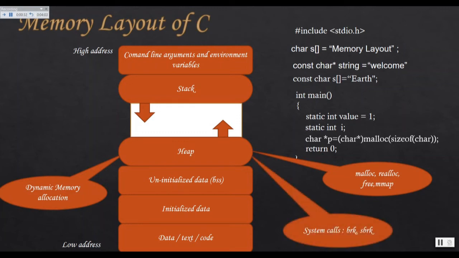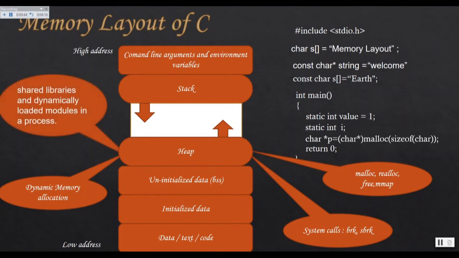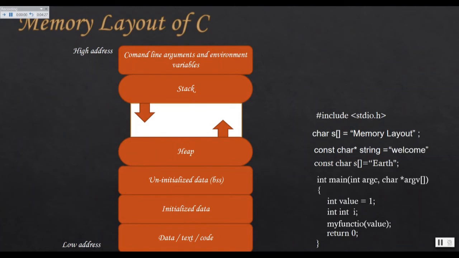Also, the system calls brk and sbrk, which are used internally by many C and C++ memory management functions, are executed inside the heap area. The heap area also holds some shared libraries and dynamically loaded modules in the process, which are dynamically linked.